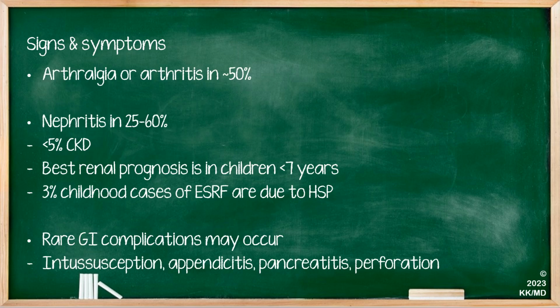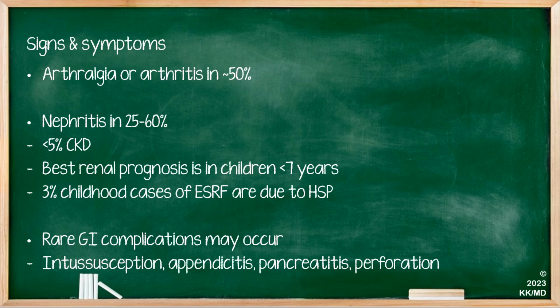The other commonly seen signs and symptoms in HSP are arthralgia or arthritis, happening in about half of the patients, followed by kidney involvement or nephritis, which is also approximately half of the patients. However, fortunately, less than 5% of these cases will end up with chronic kidney disease.